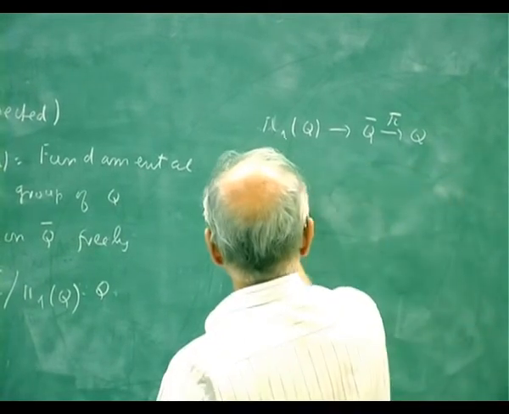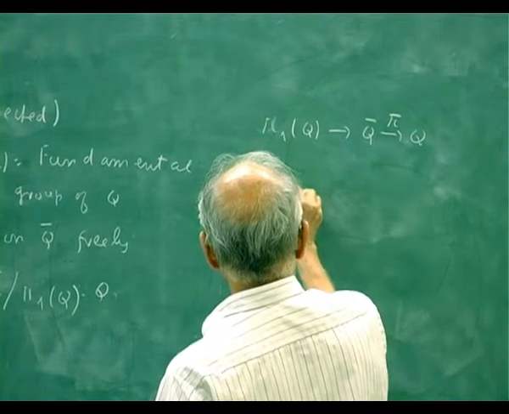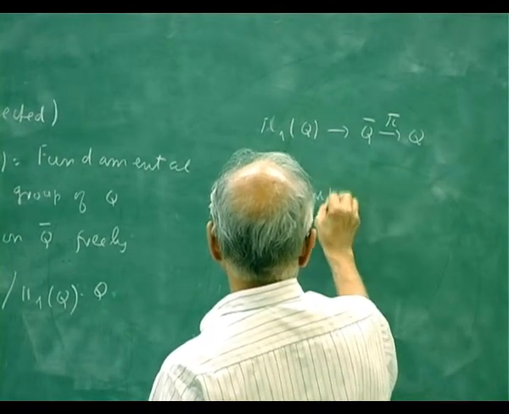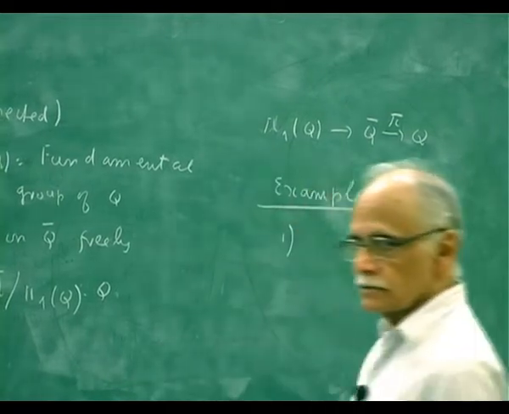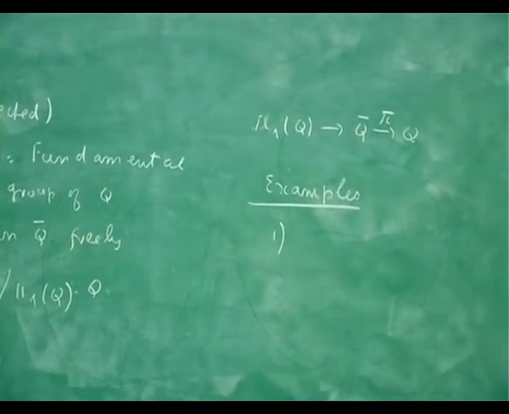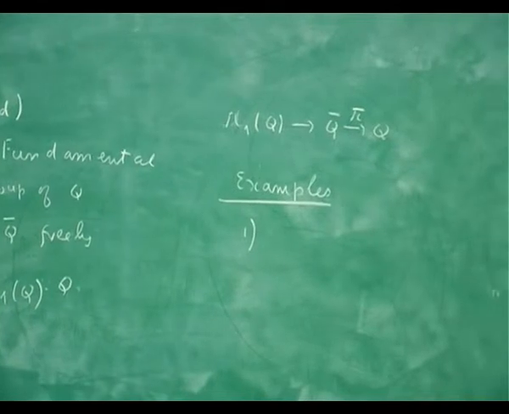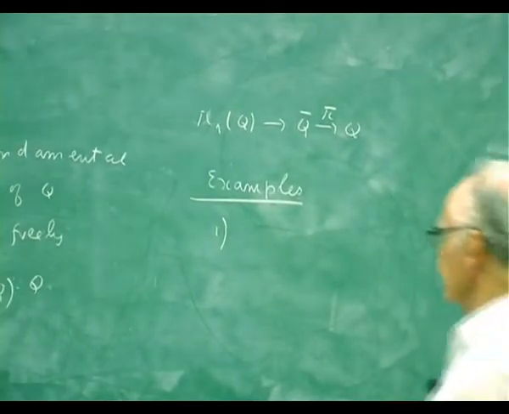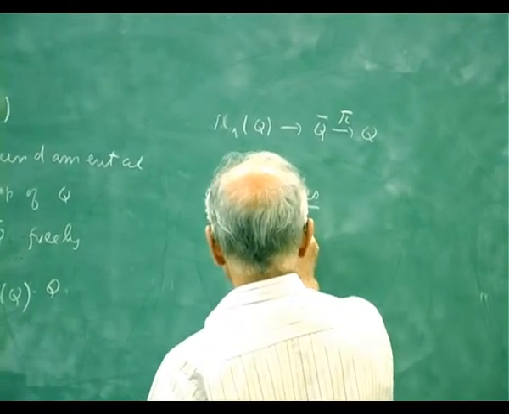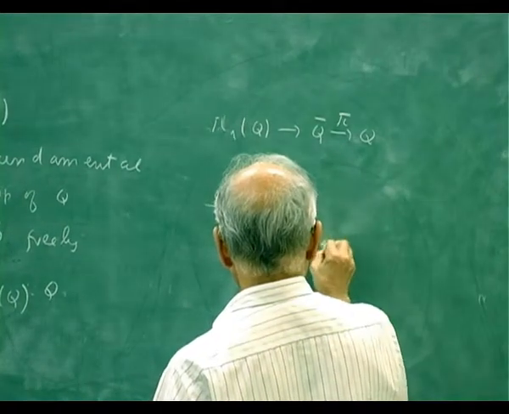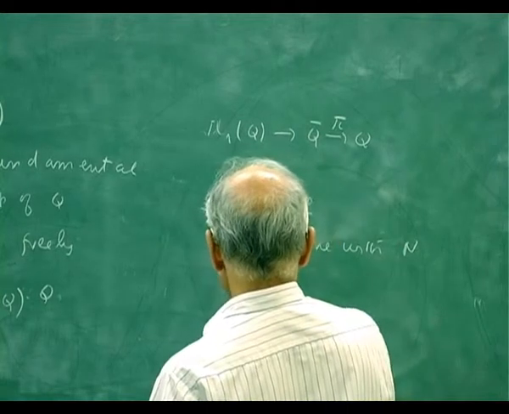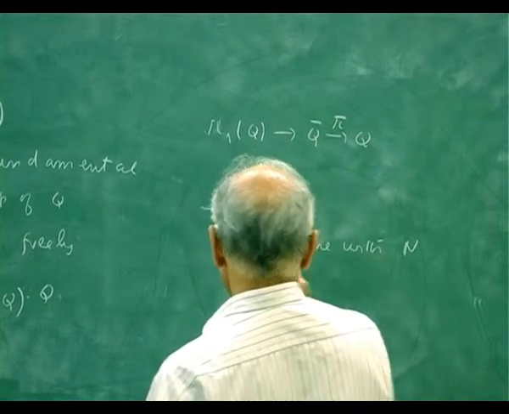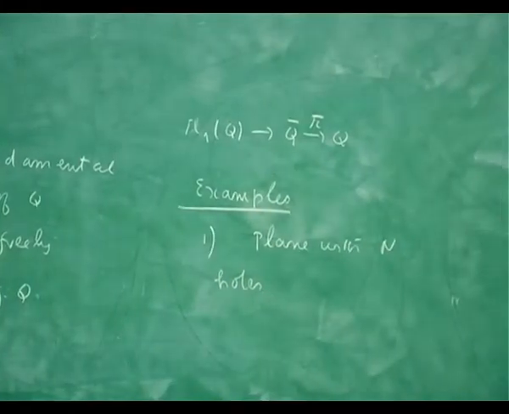So what I wanted to do today was examples. Let me first start with a very easy example. The easy example is, let's look at the plane with n holes. Okay.